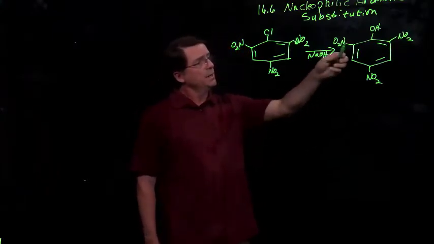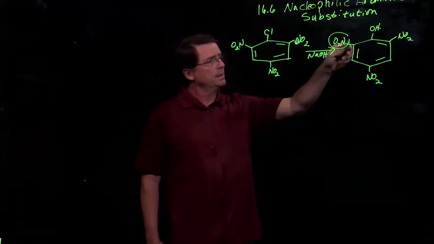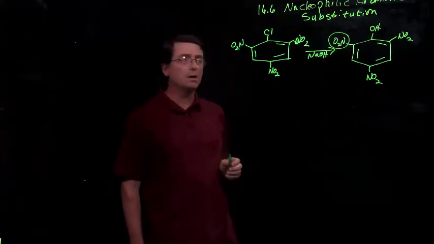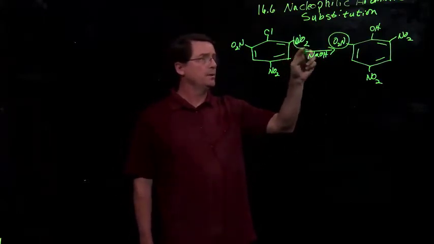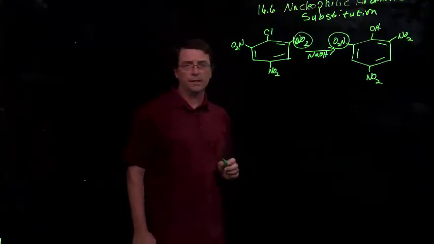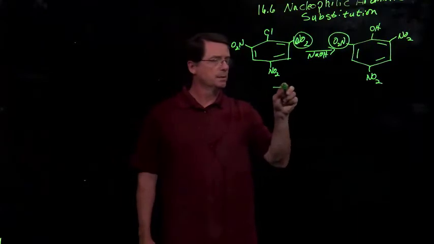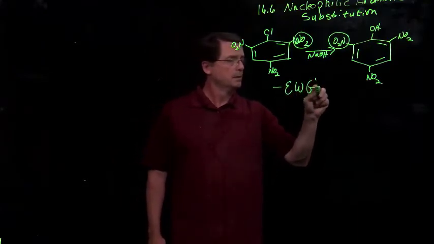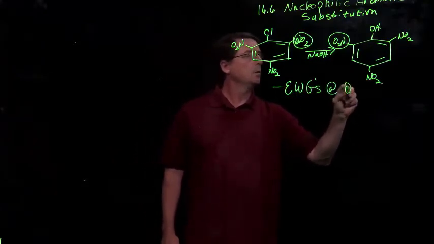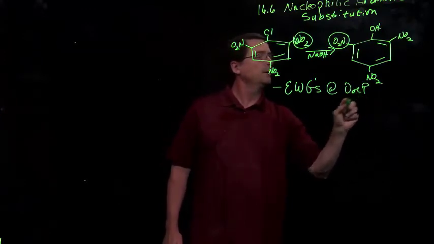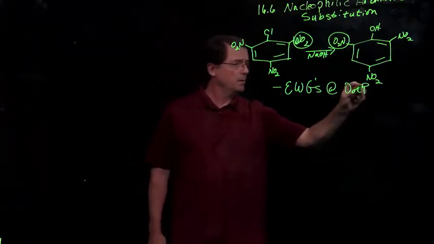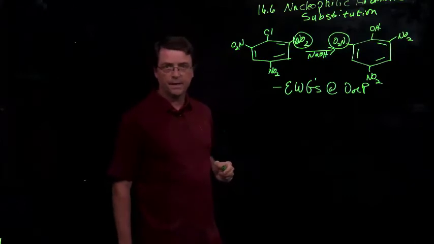So this product has those 3 electron withdrawing groups, as did the starting material. And in fact, those strong electron withdrawing groups at the ortho or para position are a requirement for this. Okay?